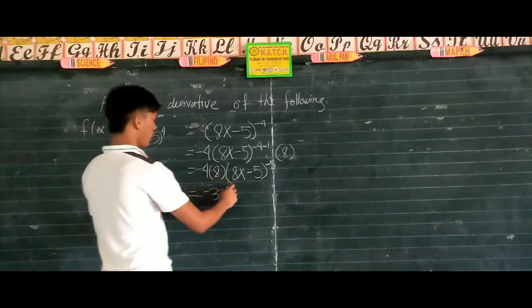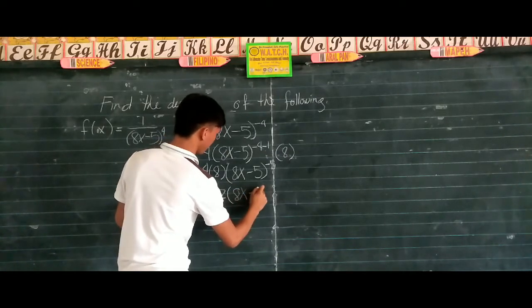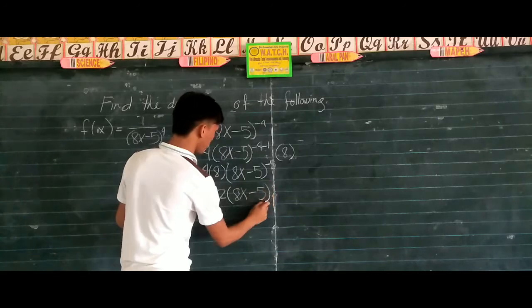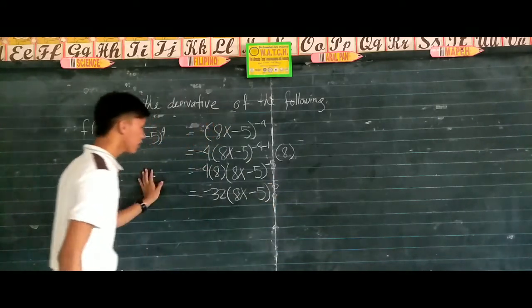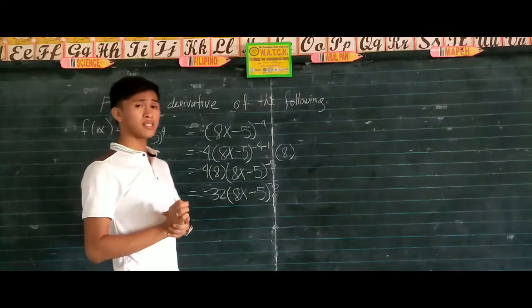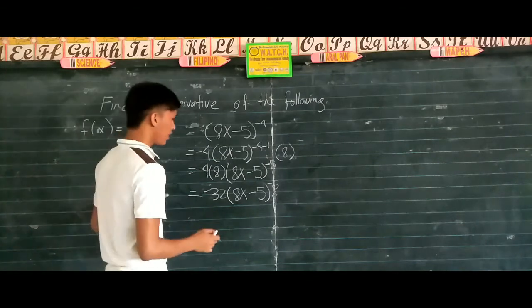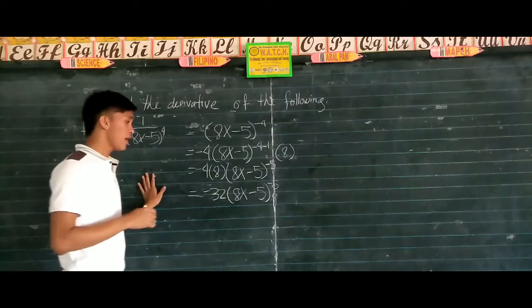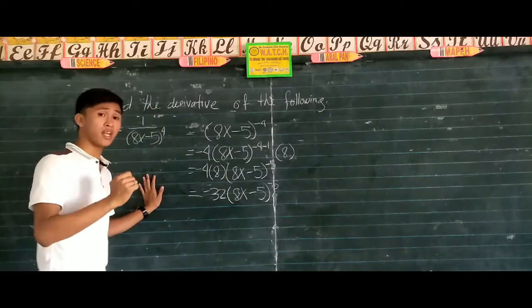Then copy again 8x minus 5 raised to the power of negative 5. Because the exponent is negative, therefore, we need to bring it down in order to change the negative to positive. So now, this is the final answer.